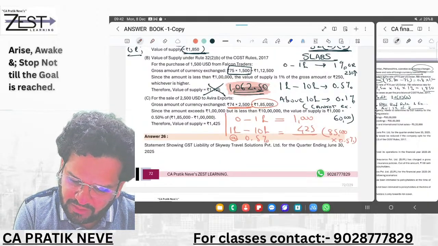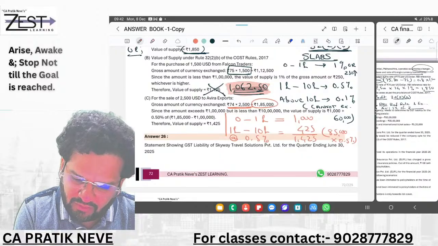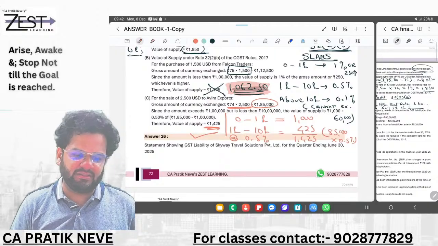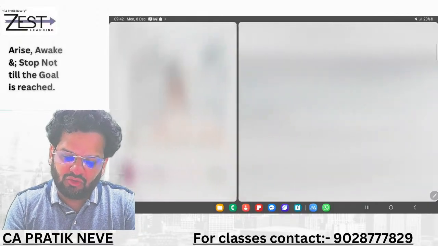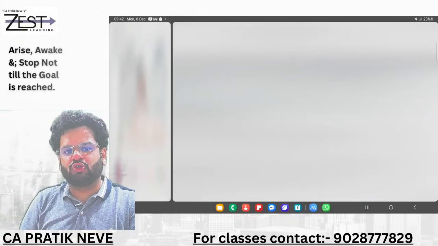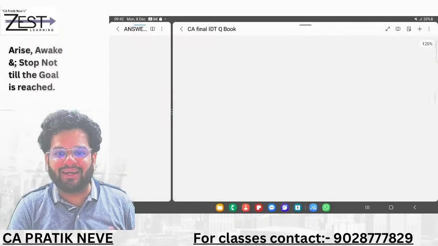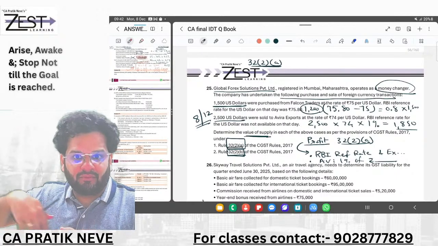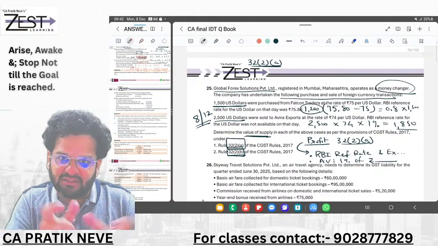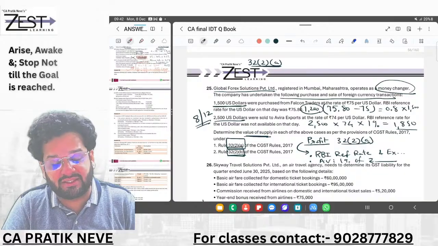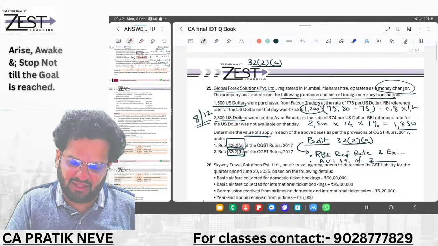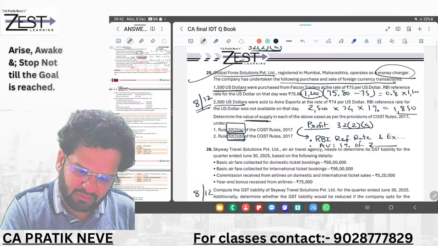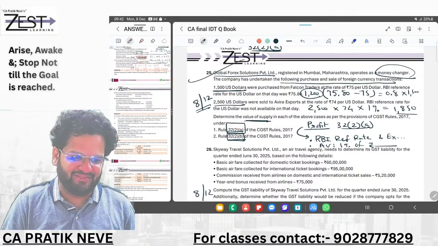So the total will be 1425. Yes. Clear? Further I will show you, in case we get something where the currency in rupee terms exceeds 10 lakhs, then what to do? That also we will discuss. But I hope this is clear as of now.